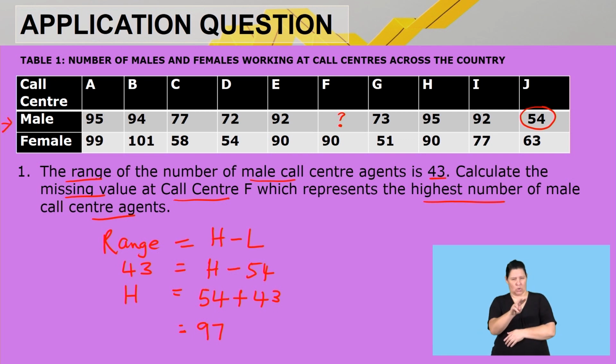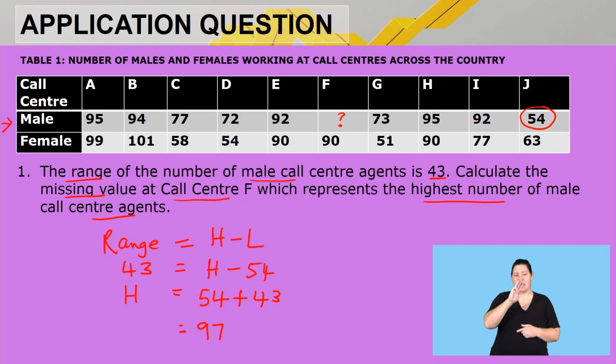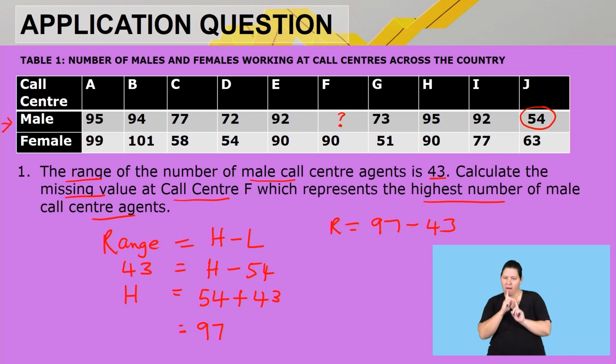Just quickly, to test whether your answer is correct, remember how do we calculate range? We say highest value minus lowest value. Looking at what is presented to us, we know our highest value is 97. We know our lowest value is 43. So to get the range, we take highest value minus lowest value.